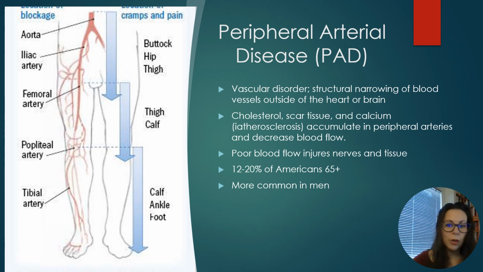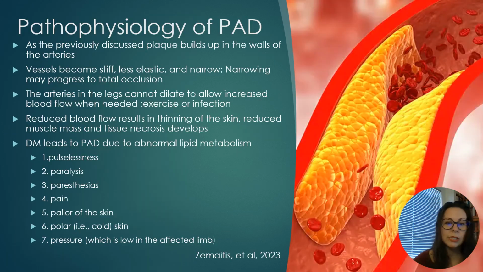This poor blood flow causes injury to nerves and to the surrounding tissue, and this is prevalent in about 12 to 20% of Americans aged 65 and over. As a person ages, their risk increases, and it is also more common in men. Diabetes and smoking are two of the biggest additional risk factors, other than aging, for peripheral arterial disease.